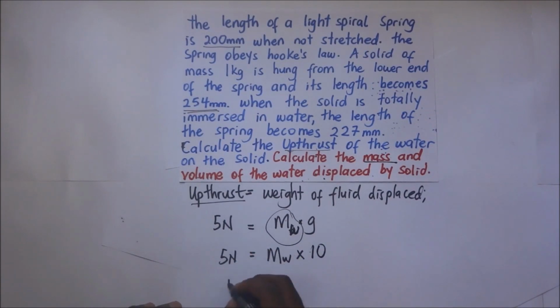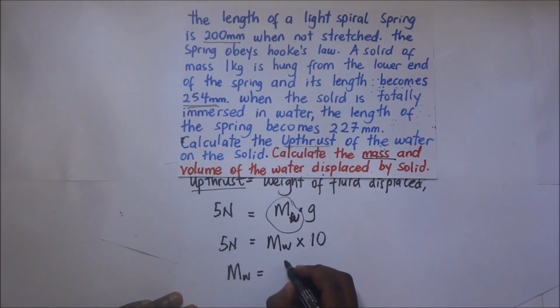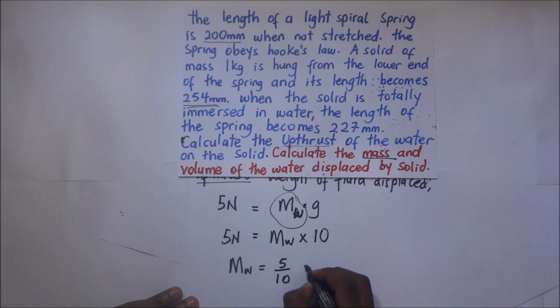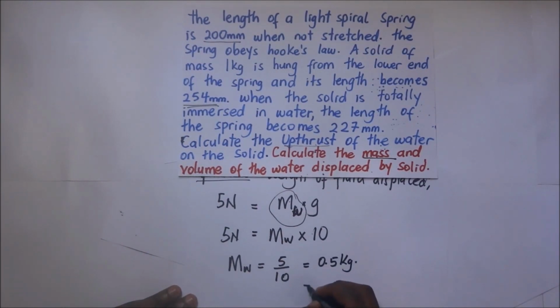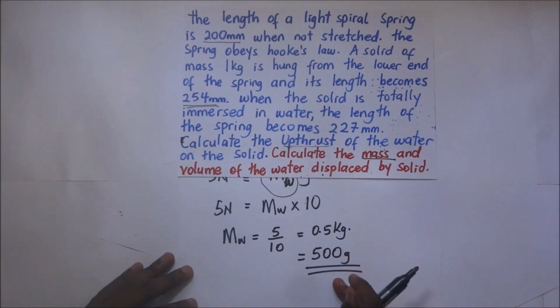The mass of the water in this case is going to be given by 5 newtons divided by 10, giving us 0.5 kilograms, which is the same as 500 grams. So the mass of the water is 500 grams.